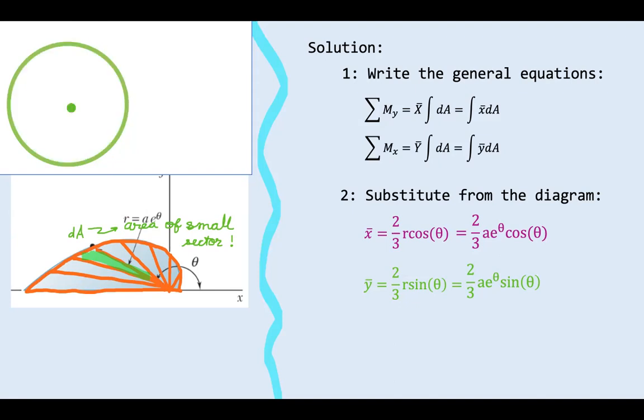Now, if we only take a small sector and find the area of that sector, the angle of that sector is theta. The angle of the whole circle, of course, is 2 pi. Then we can use a proportion to find the area of the sector, knowing that the area of a whole circle is pi r squared. The area of this sector is proportional to the ratio of theta to 2 pi.